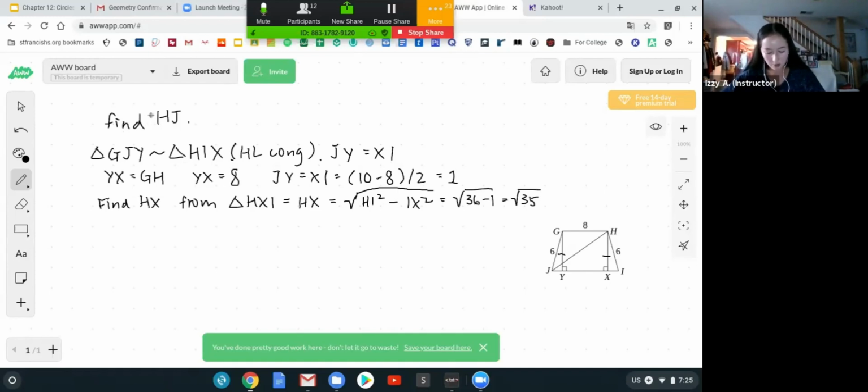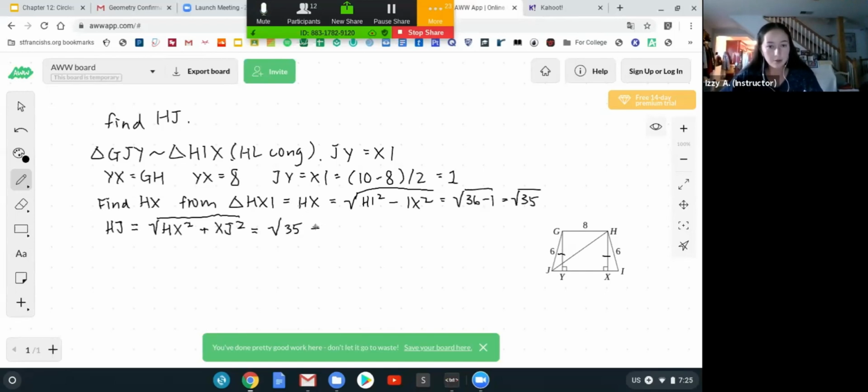So then we can use the right triangle HXJ to get HJ. So then HJ would equal the square root of HX squared plus XJ squared. And then we just have to plug in values. HX squared, we know what that is, so we just square this, so then we would get 35.